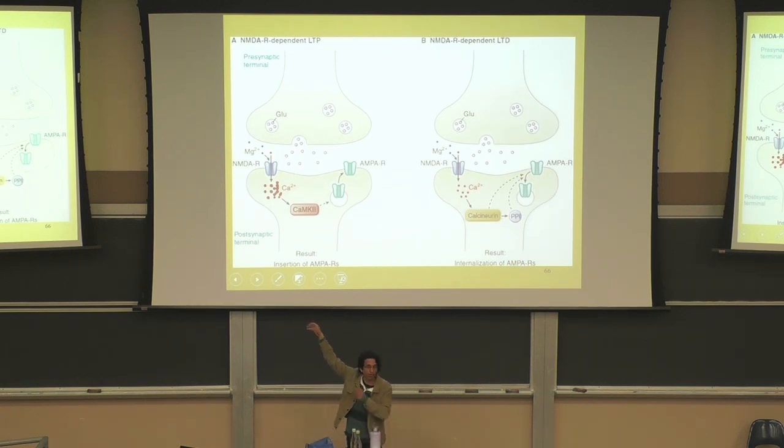And then if you have a lot of calcium influx through this NMDA receptor, it activates this pathway through calmodulin kinase 2, which creates some effects that lead to long-term potentiation, such as the insertion of new glutamate AMPA receptors. So if you have more AMPA receptors in the synapse, that synapse will now respond more strongly to glutamate being released onto it. So this is one common way of strengthening synapses.